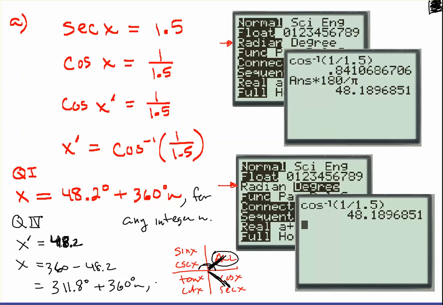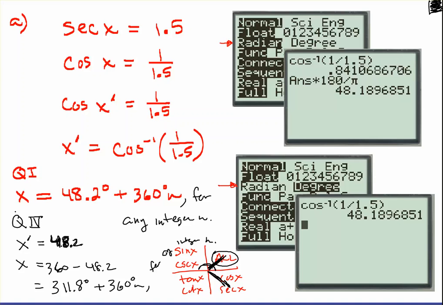I should do it here, though, as well. For any integer n. Sorry for the chicken scratch there a little bit. Okay, we're getting somewhere. We're going to go really, really quick through the rest of these here.